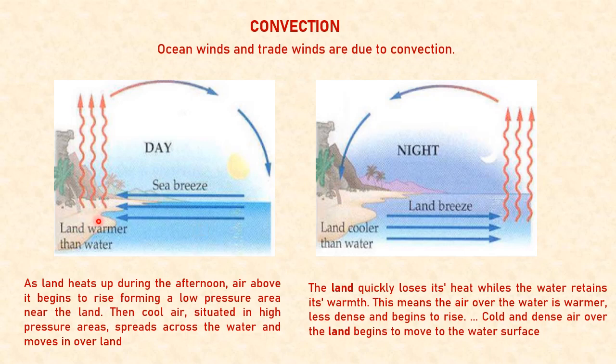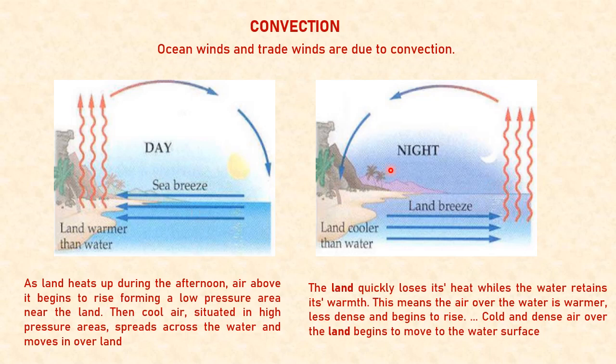So as the land heats up, the air above it begins to rise, forming a low pressure area near the land. Then cool air situated in the high pressure area spreads across the water and moves in over the land. So during daytime, the people near the seashore experience a cool breeze from the sea due to convection.